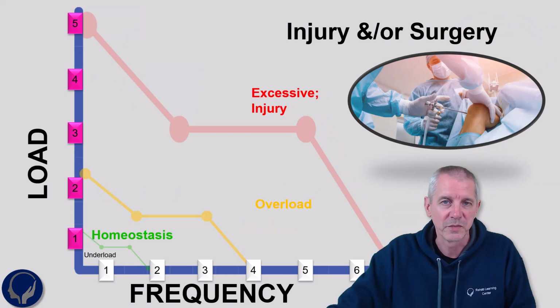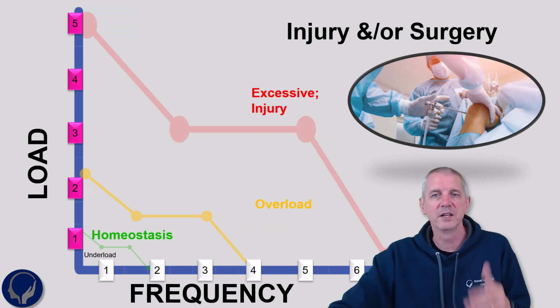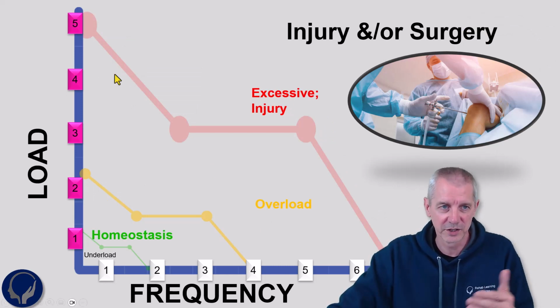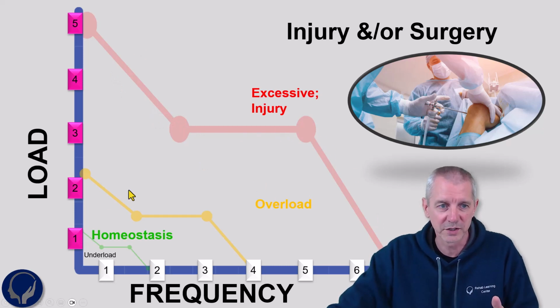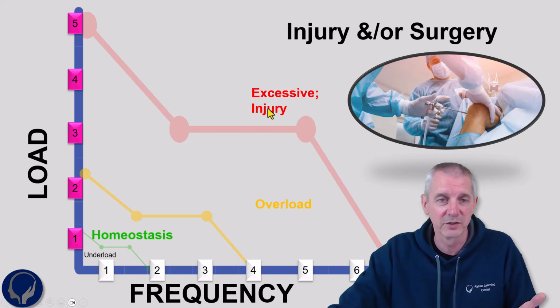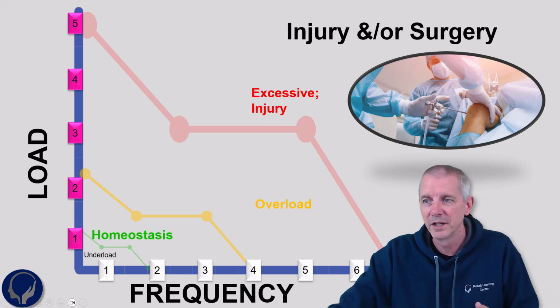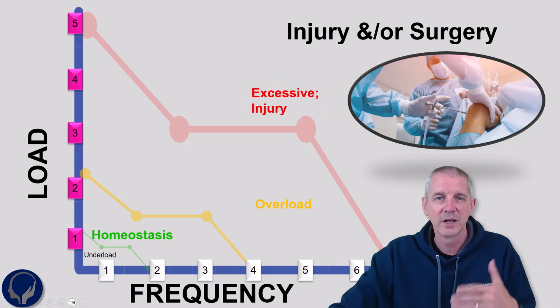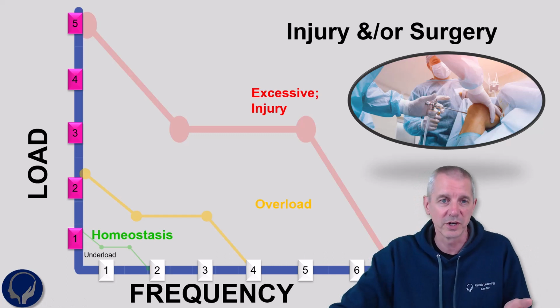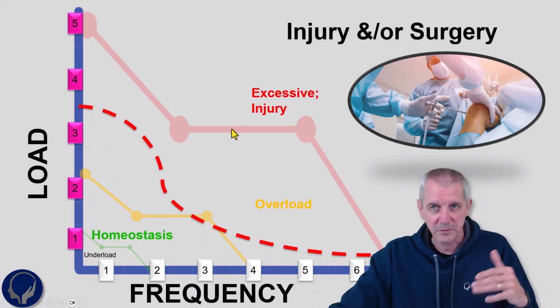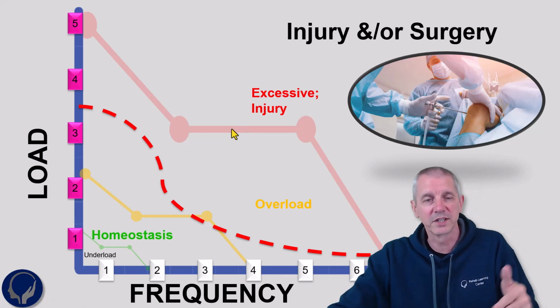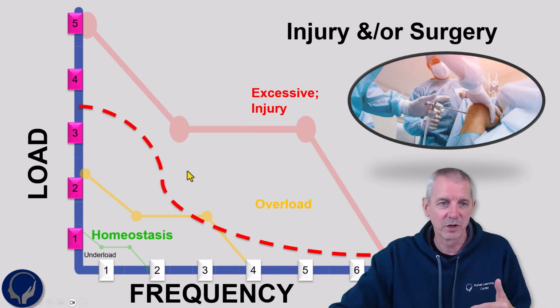Now if somebody has an injury or surgery, so this is where your normal envelope was. So this is your homeostasis. This is your underload. This is where you got an overload, and above the red is where you got into excessive or injury. And I just kind of shaded them out. But now, as a result of injury or surgery, this breaking point for excessive or injury now lowers.